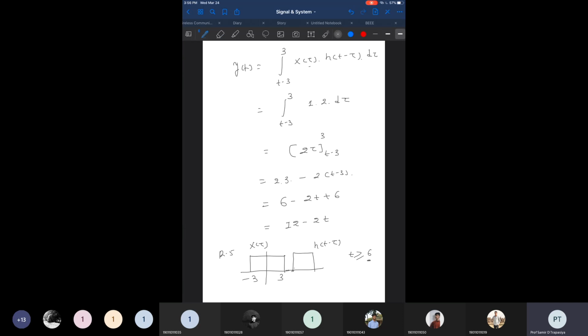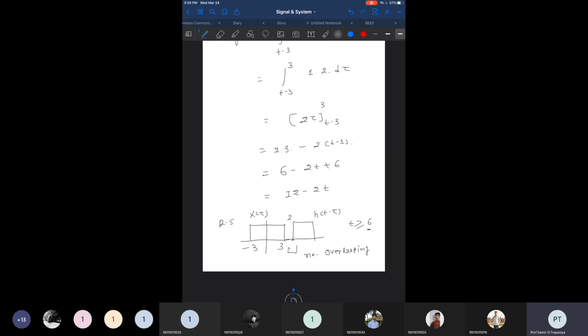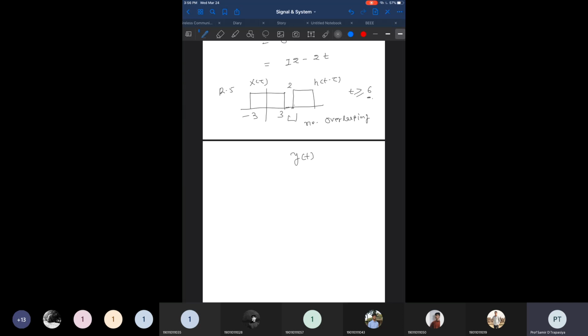We started from minus 3, that's why it takes 6; minus 3 to 6 is equal to 3, right? So h of t minus tau is 2, but here there is no overlapping. If there is no overlapping, our signal y of t is equal to 0, because after this, for every value of t larger than 6, we have no overlapping region.